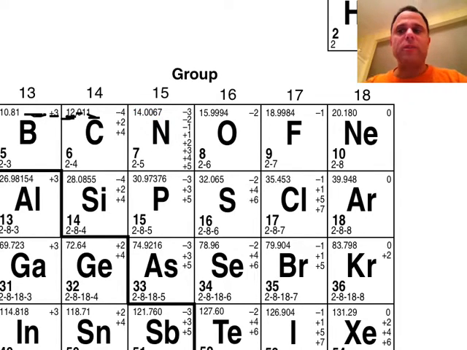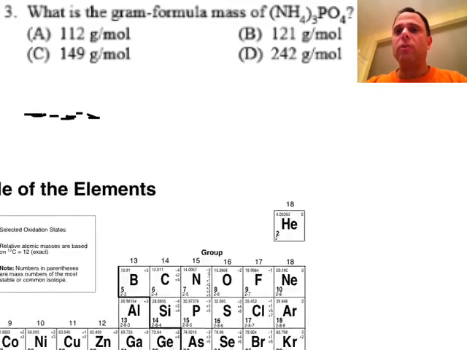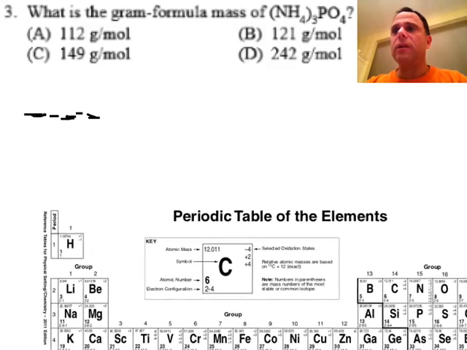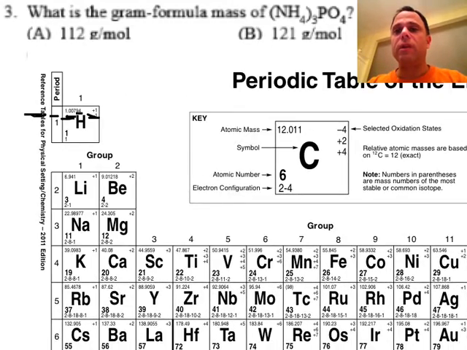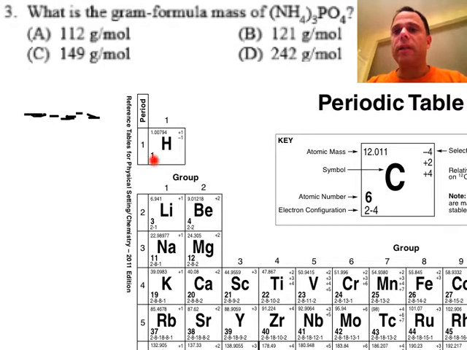We're going to round that to 14. Oxygen's is 15.9994. We'll round that to 16. Phosphorus is right here. We'll round that to 31. And hydrogen lives on the other side, right here, and we'll round that to 1.